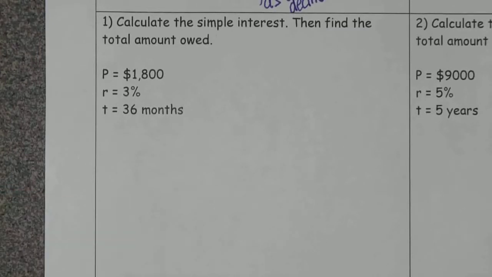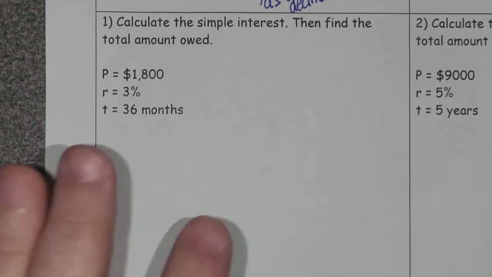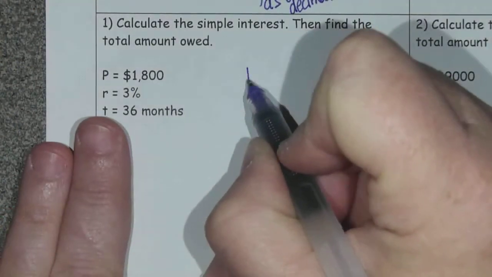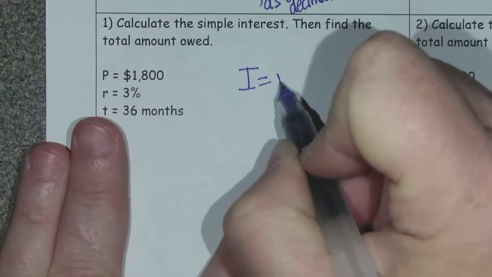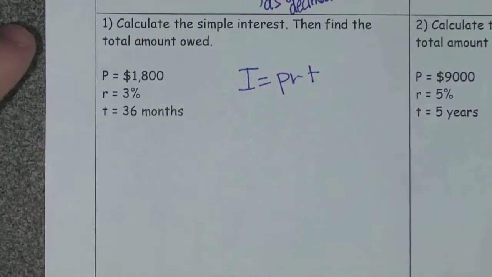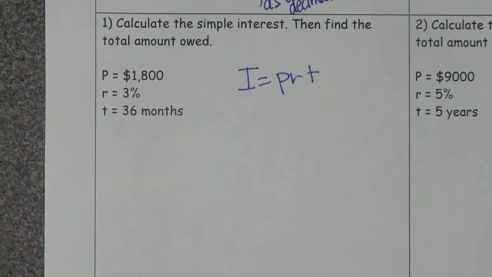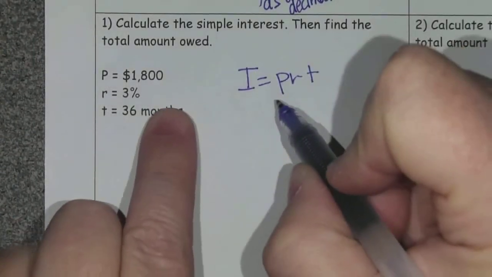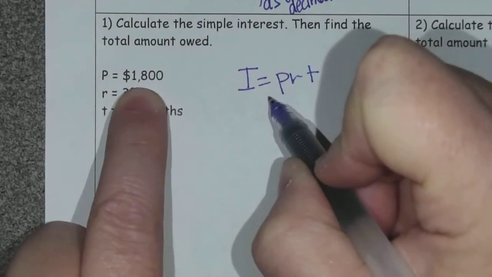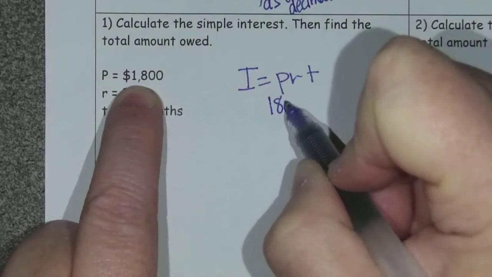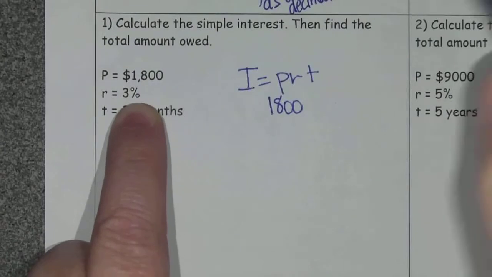Number 1 says, calculate the simple interest, then find the total amount owed. So the simple interest formula is I equals PRT. I actually gave you all of the information that you need, except for the interest amount that we're going to find. So we're going to substitute in the P, which is $1,800.